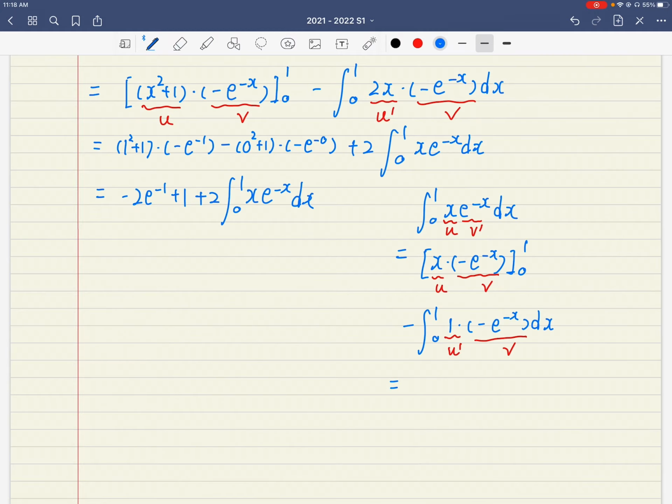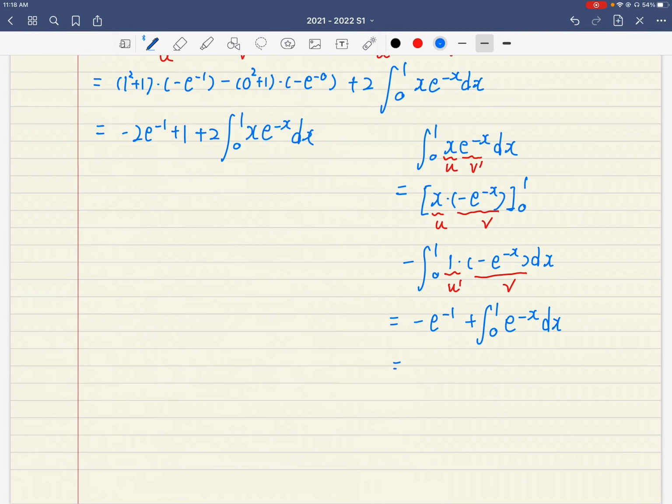First part, you do the substitution, it is just negative e to the power of negative 1. Then your second part, plus the integration from 0 to 1 of e to the power of negative x, negative from 0 to 1.